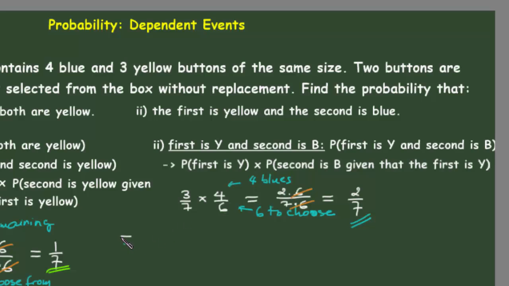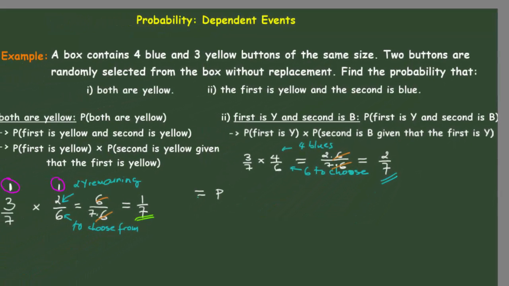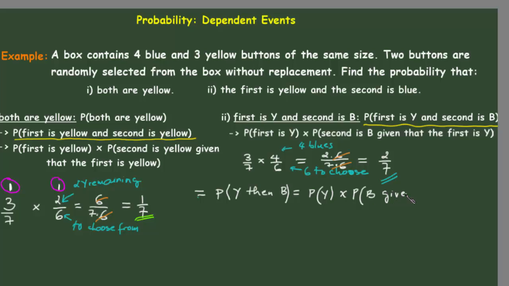This is bringing us to say that the probability of having yellow then blue equals the probability of having yellow times the probability of having blue, given that yellow is selected.